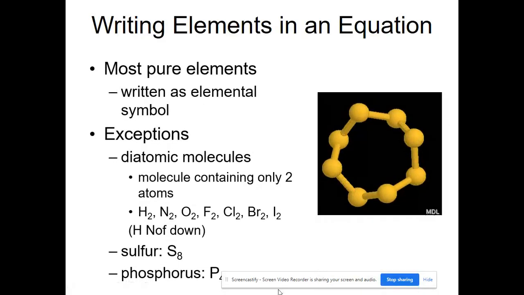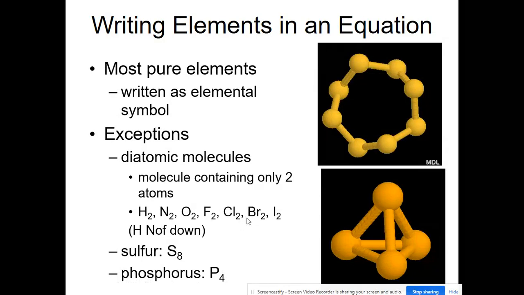So when we look at an equation, most pure elements are written as the symbols we find on our periodic table. There are some exceptions, however. The most common exception you'll see are diatomics, and you need to remember these. These are molecules which contain only 2 atoms, and we remember either H-Knopf down or Brinkelhoff or 7 plus 1 friend.